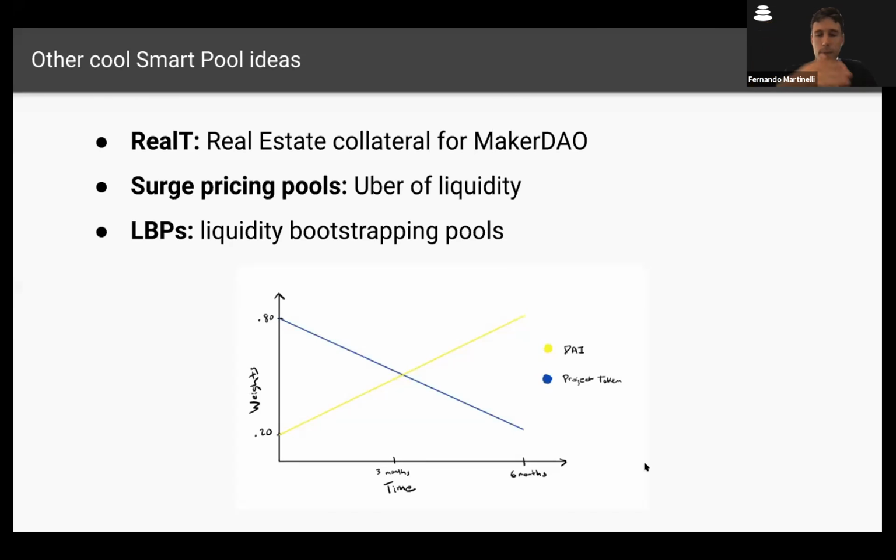I don't have my calculator here, but if you have a token of 2% weight and it drops by 10x, you're probably going to lose, I don't know, only 5 to 10% of the value. So by limiting the weight of the tokens that you think could go down a lot, you can pretty much curb the possible loss if that token goes down.